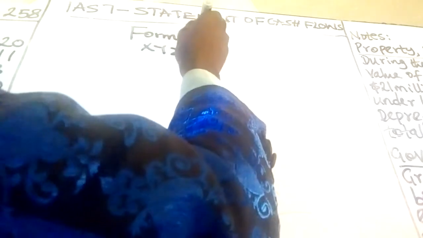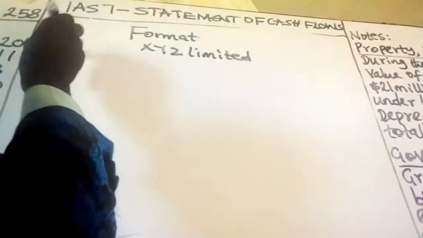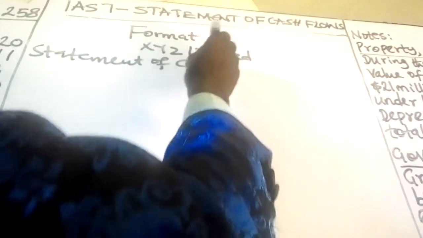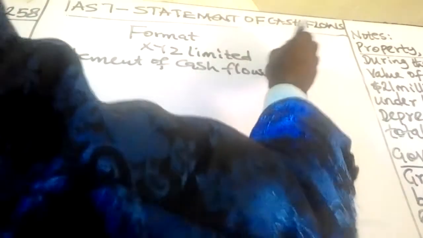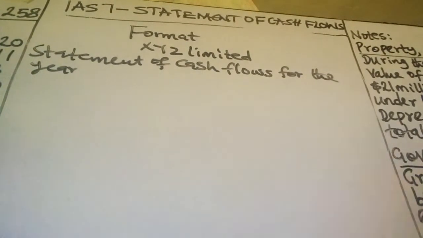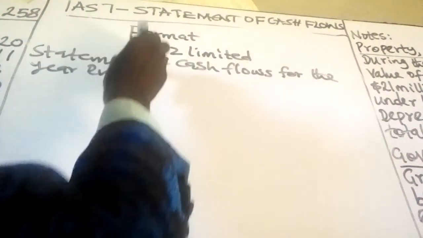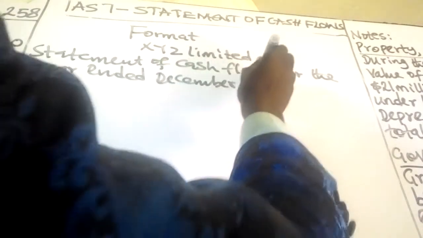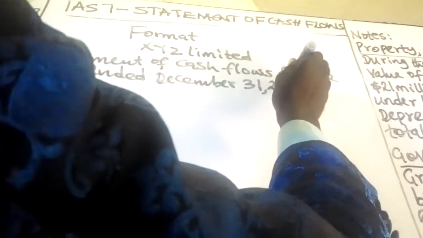Let us say you have XYZ Limited, statement of cash flows for the year ended December 31st, 22x.